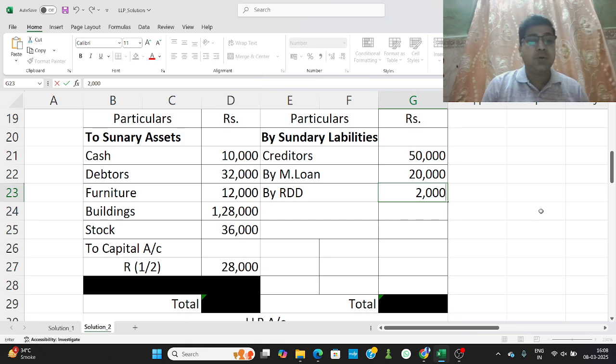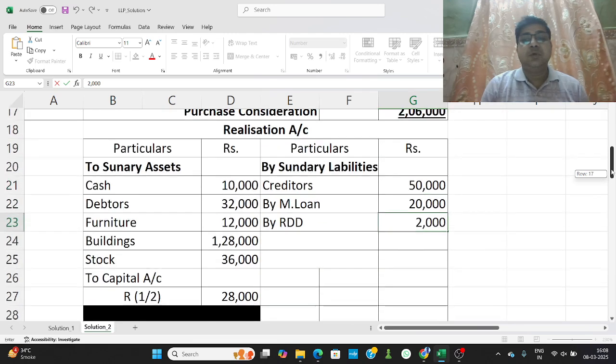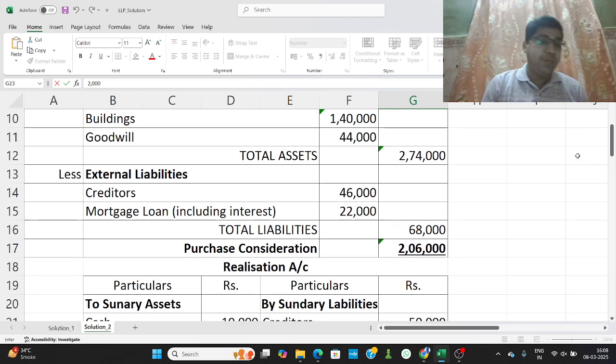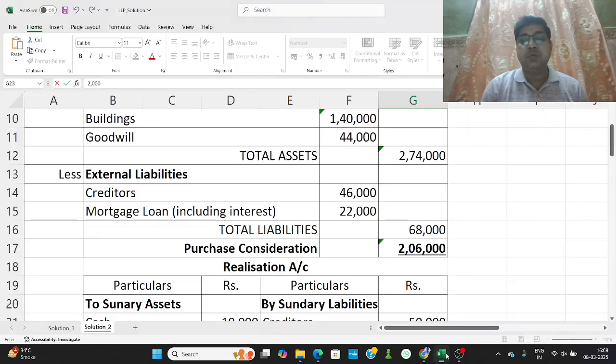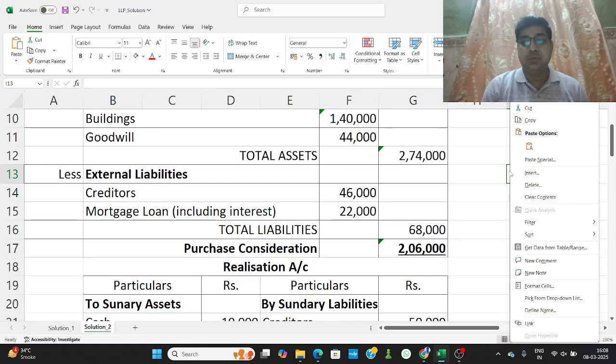Then after recording this RDD, whatever capital is there, R's capital 1,10,000 and K's capital 40,000, will be transferred to the partners' capital account.